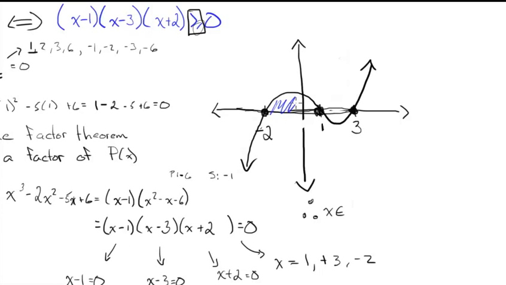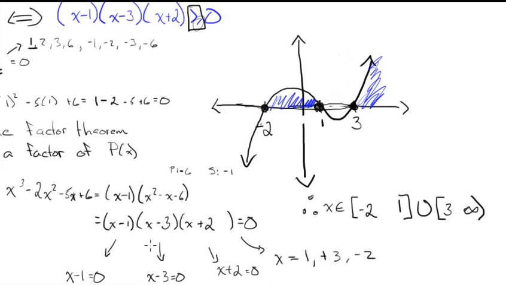So it's actually this interval and this interval which are positive. Therefore, x is from negative 2, which is what I had before, but now all the way to 1, and from 3 to infinity. Okay, so that's the correct solution set.